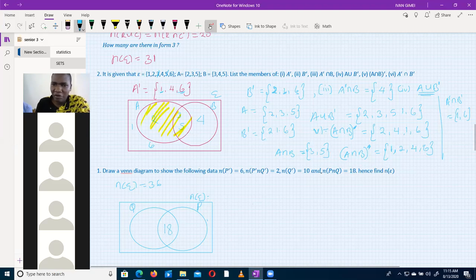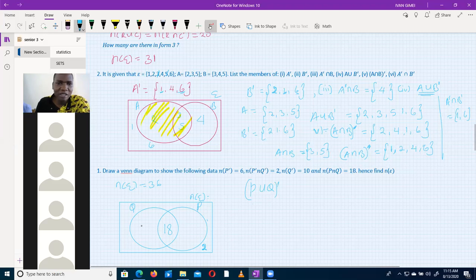Then outside both of them, P complement intersection Q complement is 2. So the 2 is outside. This is like saying they didn't like both this and that, the same as saying P union Q complement. We just did that in the previous examples. It is 2.